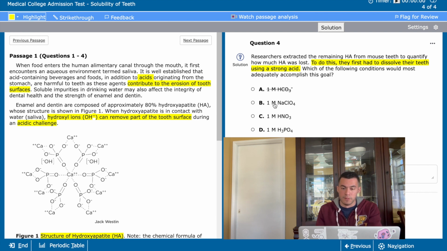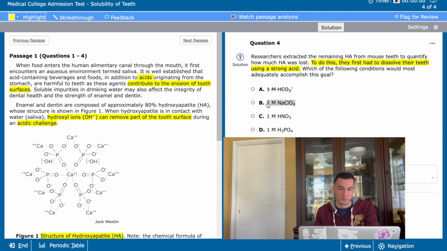And then B is NaClO4. Okay, here, whenever you see anything with sodium or potassium, what I personally love to do is cross it out. Because in Gen Chem, these guys are spectator ions, which means they don't participate in the reaction. And once you do that, you see that ClO4 minus is a conjugate base, not an acid.